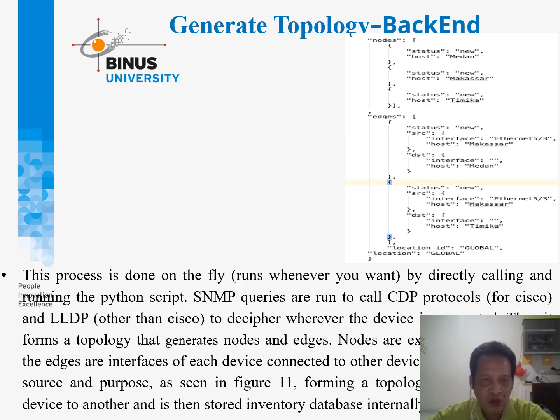Then it forms a topology that generates nodes and edges. Nodes are existing devices, while edges are the interfaces of each device connected to another device's interface by source and destination, as seen in this figure. This forms a topology that connects one device to another and stores it in the inventory database internally.